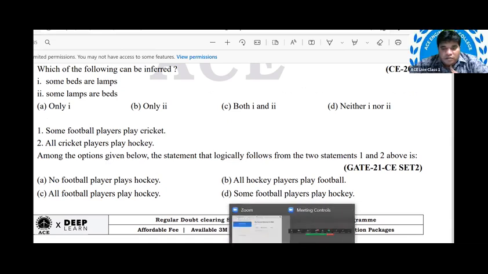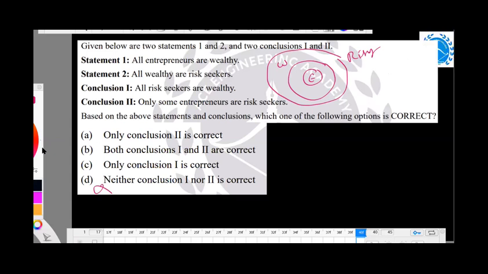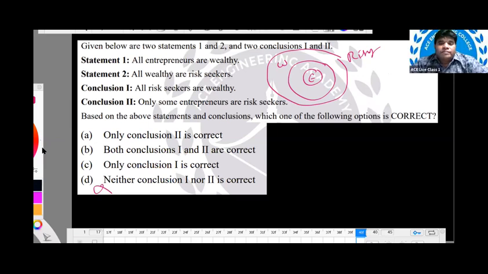Sure. Look here. All entrepreneurs are wealthy, so every entrepreneur is wealthy. Is it okay? Yes, sir. All wealthy are risky. Now come to the conclusion: all risky are wealthy. All risky means risky is inside, wealthy outside.